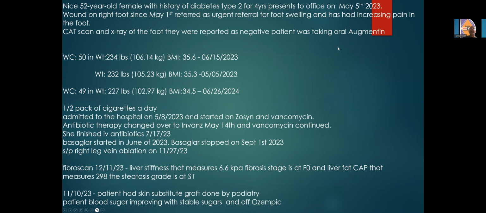It was an urgent referral, and we did a quick telemedicine visit and started her on oral antibiotics, ordered a CAT scan and X-ray of the foot, and brought her back to the office the next day. She's a non-smoker with diabetes, and we ended up having to admit her to the hospital because of significant worsening within 24 to 48 hours, and put her on IV antibiotic therapy.